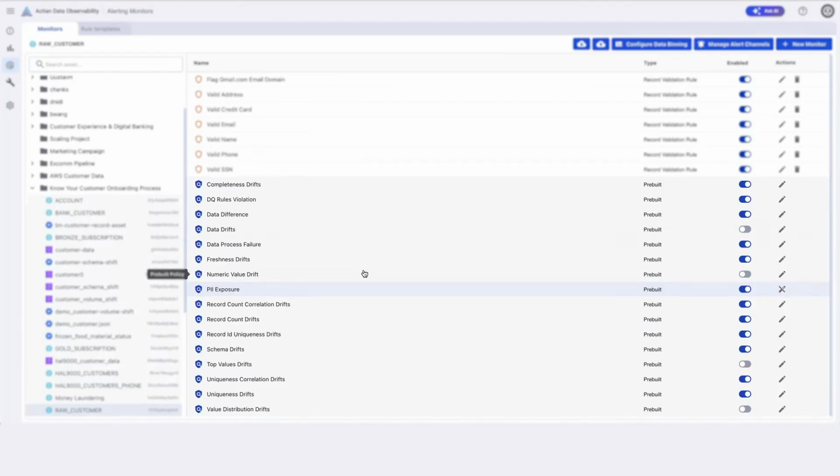Other notable mentions: Actian automatically applies these 16 monitors to your assets on the very first scan. This way, engineers don't start from a blank slate or have to anticipate every failure mode. And this, by the way, is a full table scan, not just a sampling of your data, because the full picture is often missed.